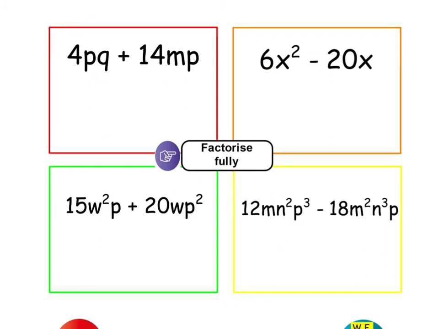So here's some more questions. Again, if you want to pause it and have a go, you can do. So we can divide by 2p. So that's going to leave me with 2q plus 7m. We can divide this side by 2x.